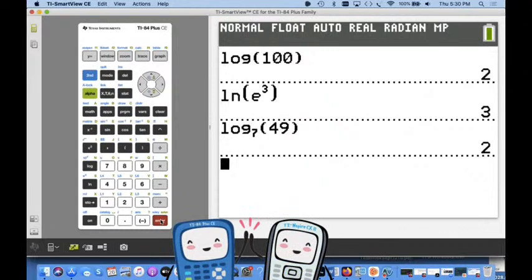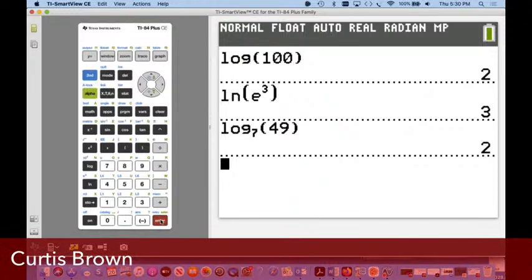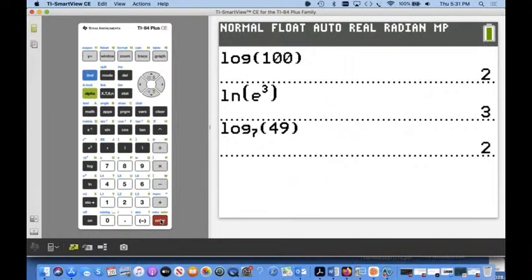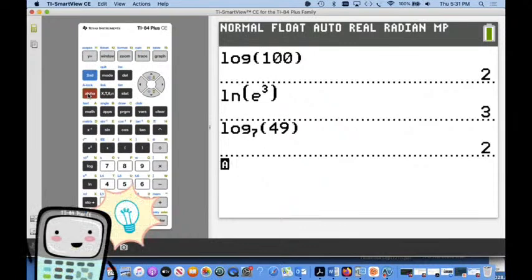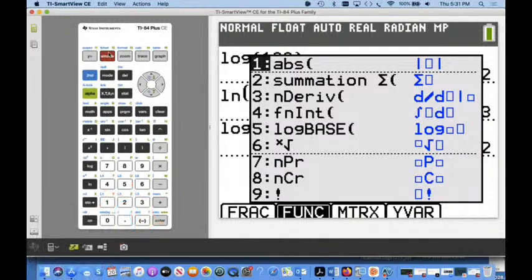So hold on, Tom. You showed how to find that underneath the math menu. Right. But there's also a really nice way to get this where you can get it in a recognizable form as well. Log base might not be a menu item that folks would recognize right away. If you press the alpha key and then choose the F2 menu, alpha F2, you can actually pull that log of a specified base right off of here, but you notice on the right-hand side, you've also got the template already pulled up for you in blue.